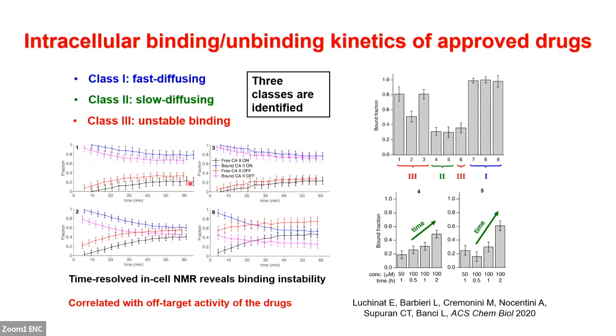But then there is this third class. There are these four molecules that have a peculiar behavior, because they initially bind to the target, to carbonic anhydrase, and then slowly are released. And there is also a different behavior depending on whether the cells are exposed to the drug, so the drug is external to the cell, or the drug is removed from the sample.